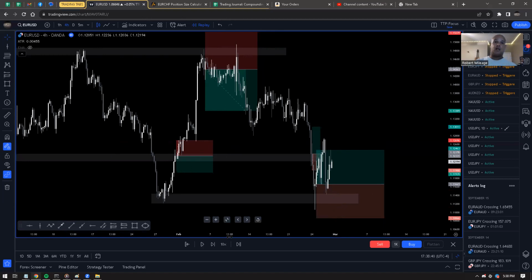All we've done is find simple zones, support and resistance, as well as trend-based trades, breaks and retests of support and resistance, and just taking 1-to-1 based on wick rejections. Are there ways for us to optimize this, to figure out better methods of taking trades? Absolutely. But the only way to find that out is to actually go through the charts, mark up these levels, take pictures of your entries and your exits, and then go through and actually interrogate that data to find out what works and what does not work.